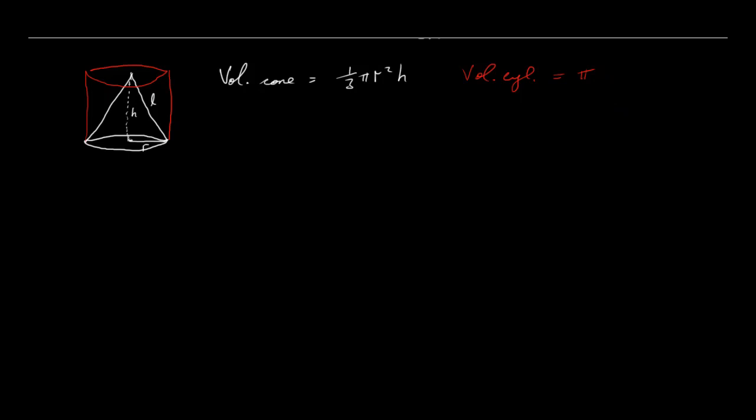Okay, so let me just get rid of that first of all, and we're back to our cone again. So the volume of our cone is 1/3 pi r squared h. Now the curved surface area, which is the area at the top here, not including the circle, so it's just this bit up here. If we were to cut our cone down the middle and flatten out the curved part of it, we can find the curved surface area, CSA.